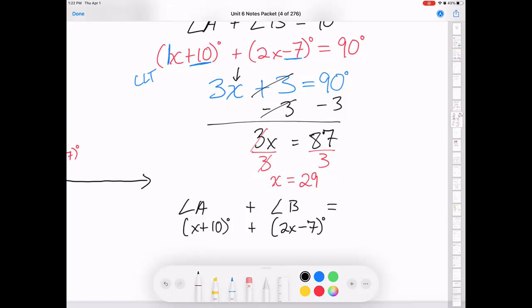We know that when we combine these together, we should get a total of 90 degrees. So we believe x is 29. As a result, we're going to plug that in for x.